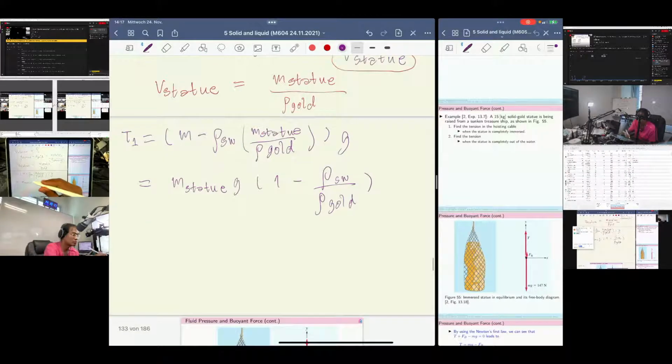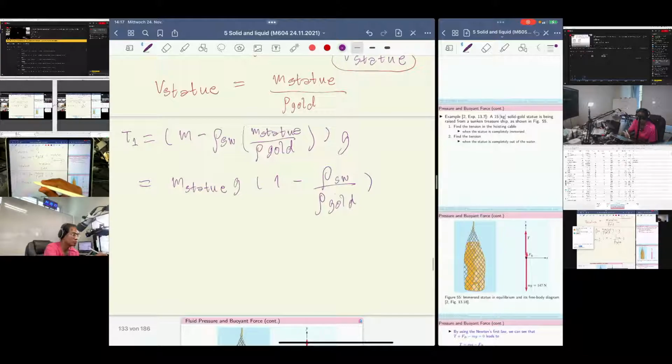Now let's substitute the numerical expression. The mass of the statue is 15 kilograms, gravitational acceleration on Earth is 9.8, and 1 minus the density of the seawater, 1.03 times 10 raised to 3, over the density of the gold, as we have seen in the previous problem, 19.3 times 10 raised to 3. You can see there is a cancellation.